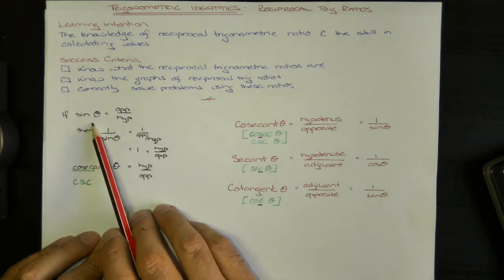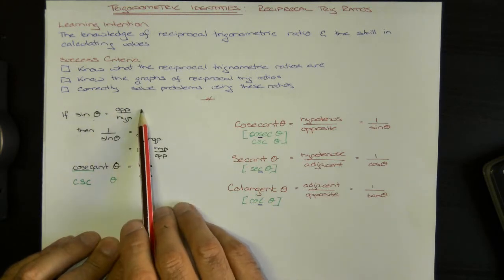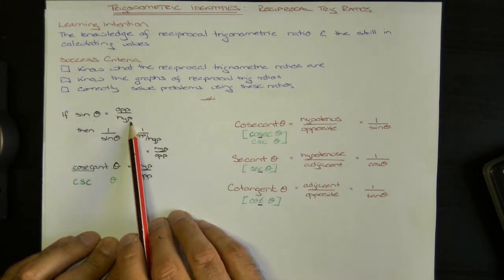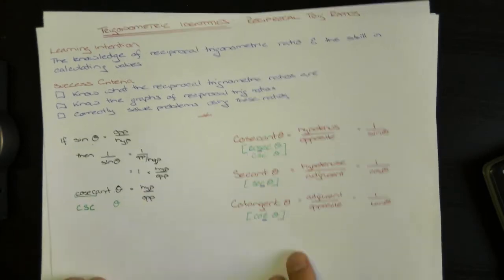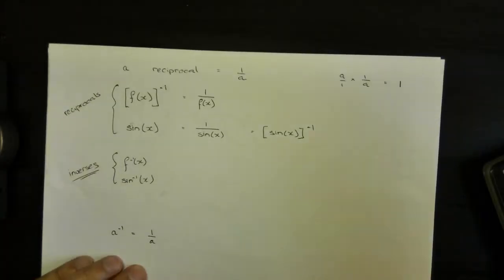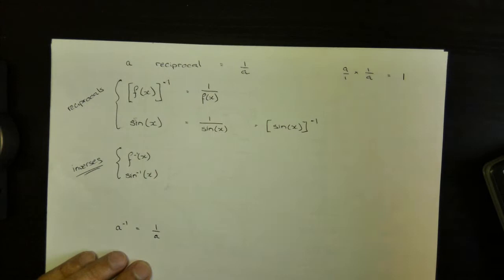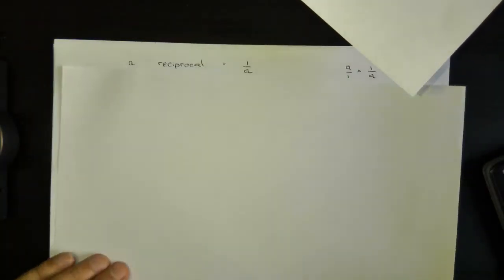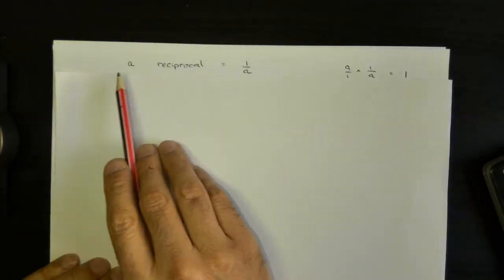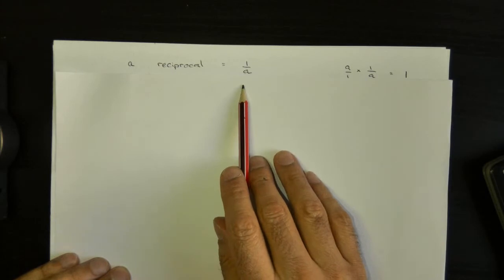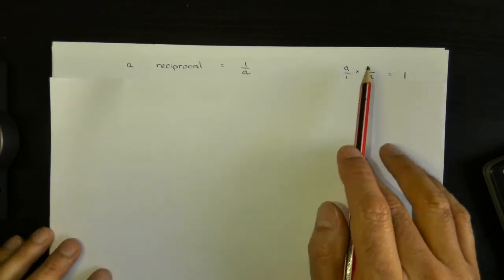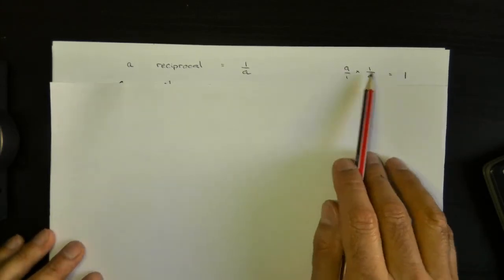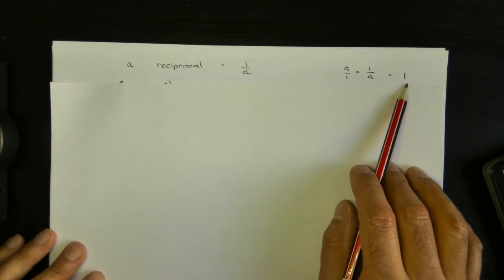If I had sine theta, that is the same as opposite over hypotenuse. If I was to do the reciprocal, let's say the reciprocal of A, the reciprocal of A is 1 over A, so that if we multiply these two together, we get 1.